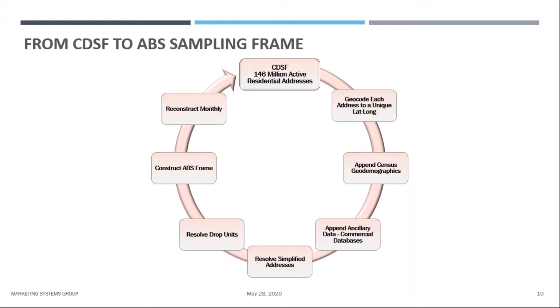And this is where the magic happens. By having the lat long for each address, we can merge onto the delivery sequence file all the geographic and demographic information available from the census data sources. On top of that, various ancillary data are brought in from commercial sources.